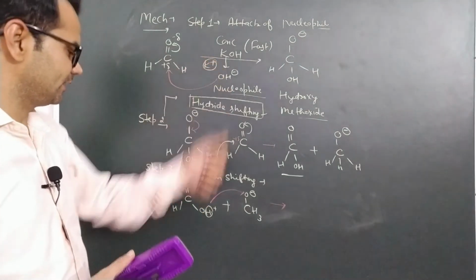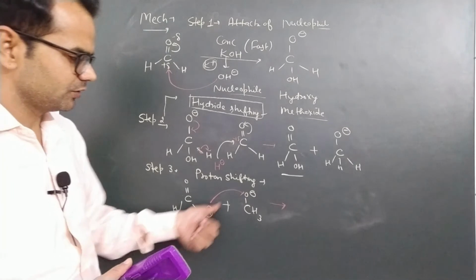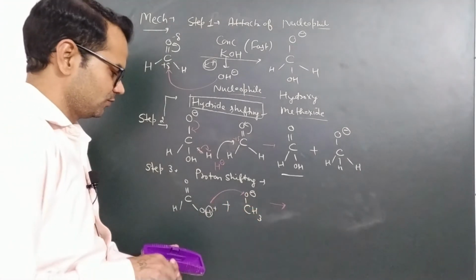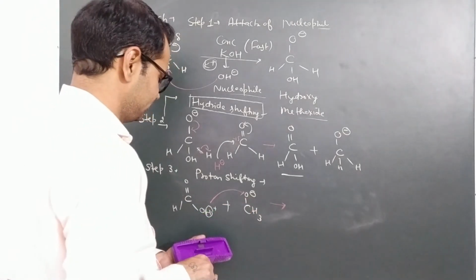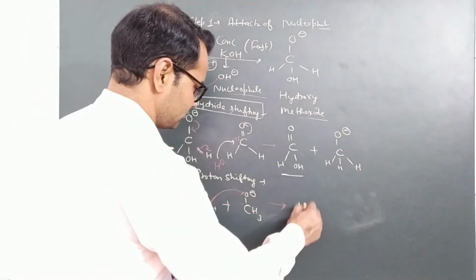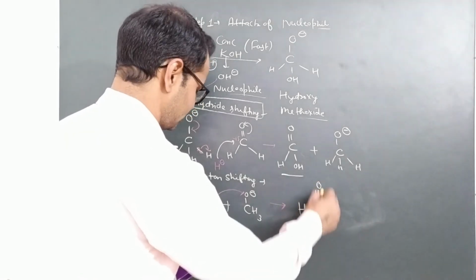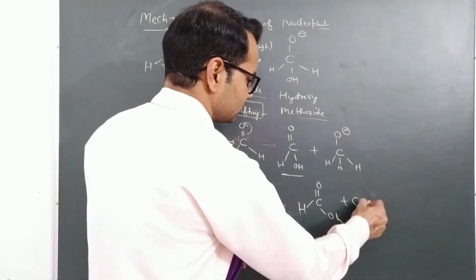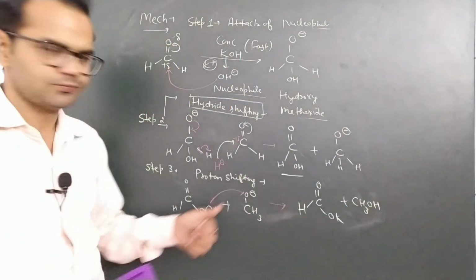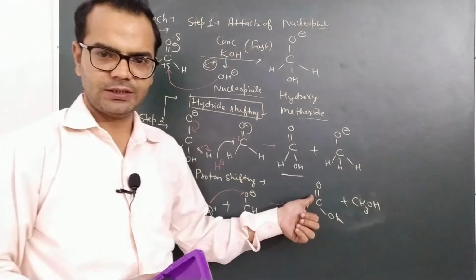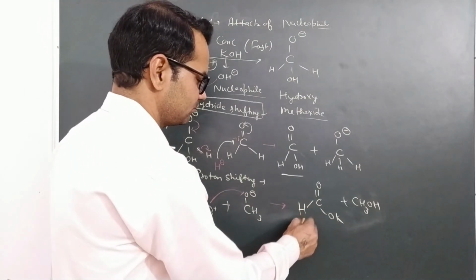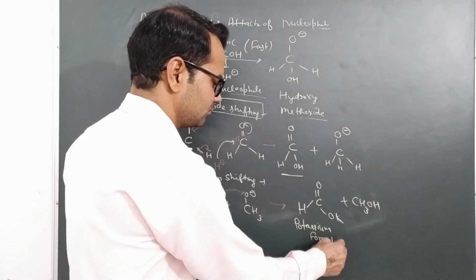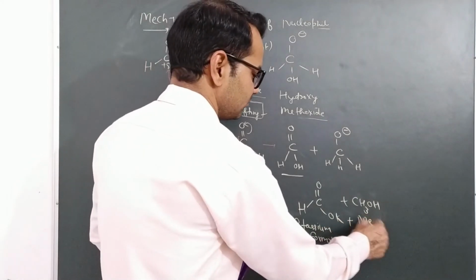So this potassium will attach to this oxygen and the hydrogen is shifted to the other oxygen, so this will become alcohol. So now finally we have HCOOK plus CH3OH. This is potassium formate, and this is methanol.